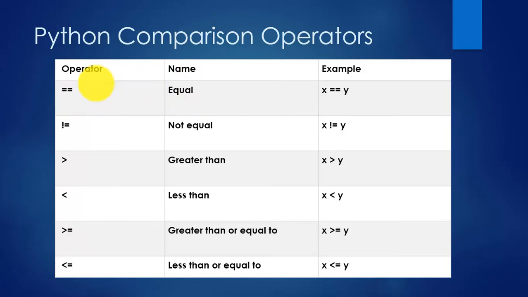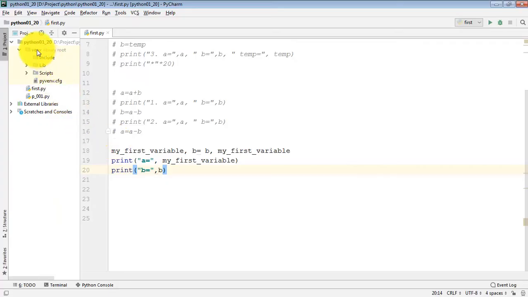Okay, let's jump to our PyCharm and see these in action. Now what I'm going to do is create a new file. You can see in my project I have two files, first.py and p_001. Today we are going to create another file, p_002.